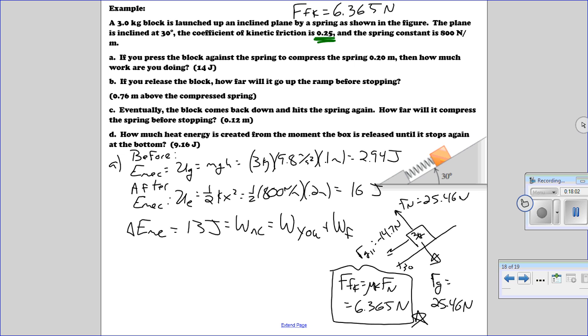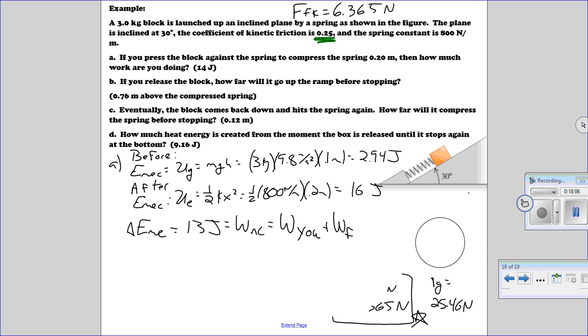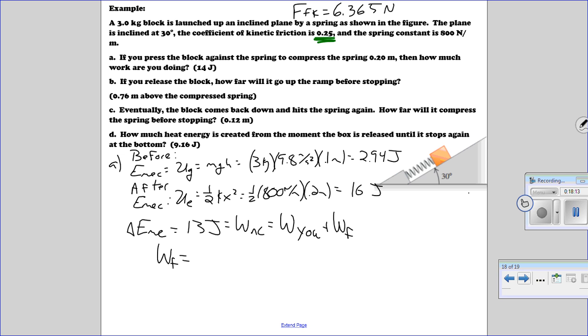All right, cool. So let's clean this up. We don't need this anymore. I'm going to want that space in a minute. Now I can find the work done by friction. That's the force of friction times the displacement, and they're anti-parallel. The box is moving down, friction is going to be up, and this is all kinetic friction.